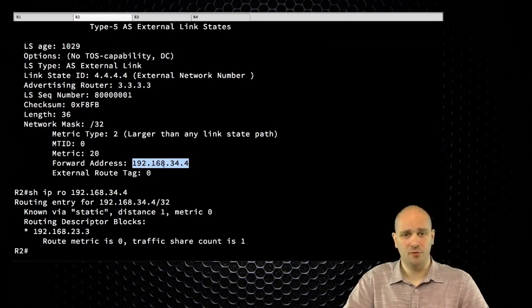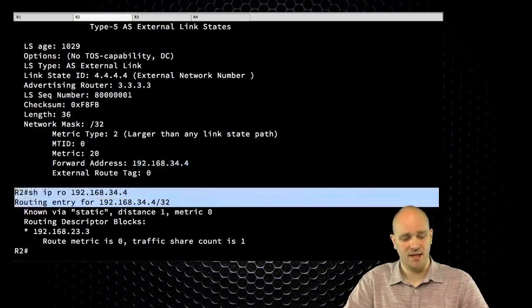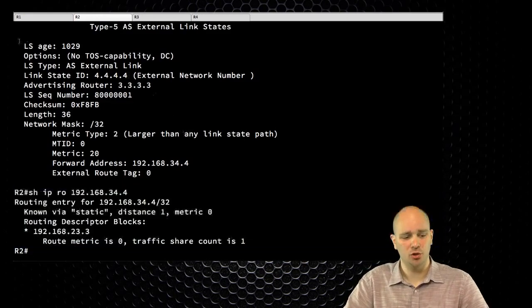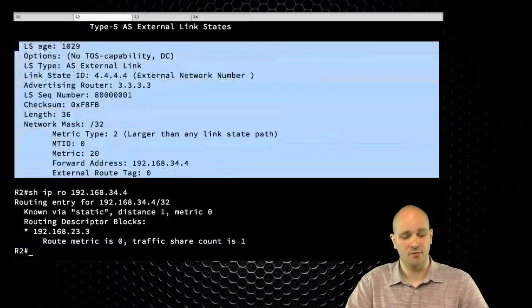In our case, the forward address is not known by OSPF. In the routing table, it is actually known as the static route. When we have this situation, OSPF cannot trust that this route is loop-free. Therefore, it cannot use this LSA for routing. So this is what is causing this route not to go in the routing table on R2.